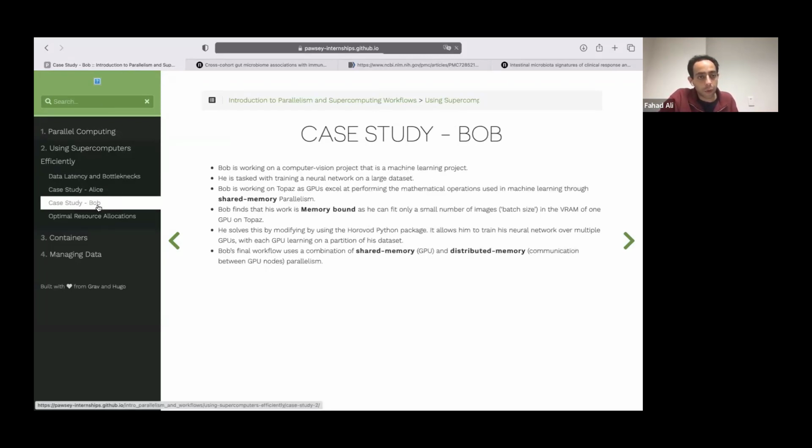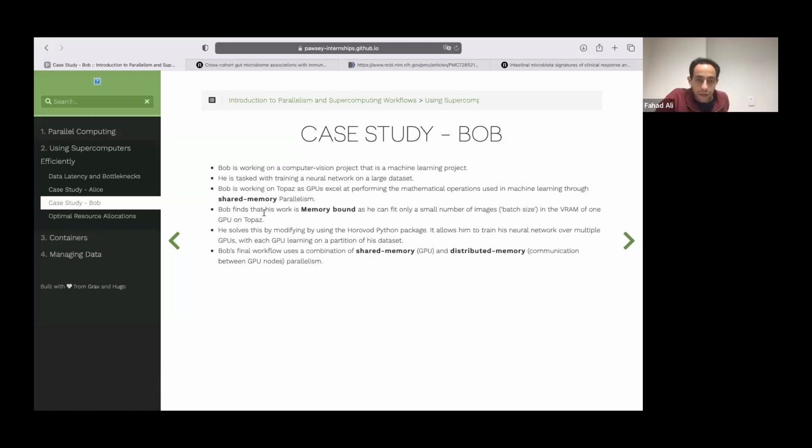Okay, now let's look at Bob. Bob is working on a computer vision project that is a machine learning project. He is tasked with training a neural network on a large data set. Bob is working on Topaz, as GPUs excel at performing the mathematical operations used in machine learning through shared memory parallelism.